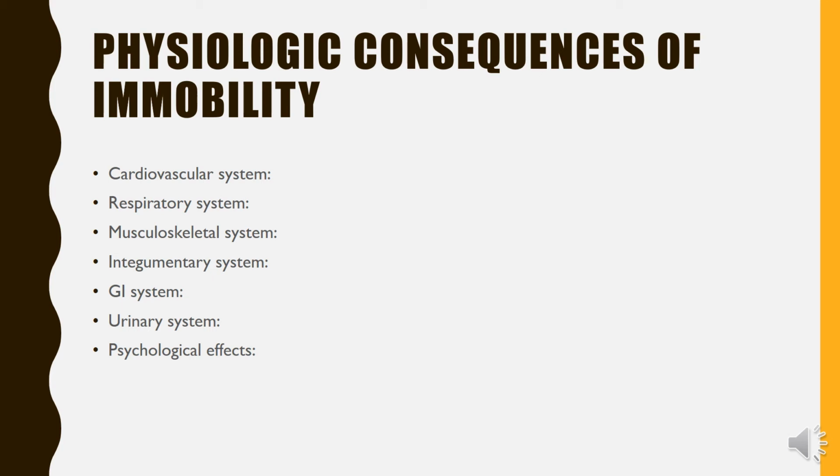A lot of times this stems from the psychological issues related to immobility. So it is important to remember it's not personal. It is the result of this person's disability, and we need to help them maintain a level of independence as much as possible.